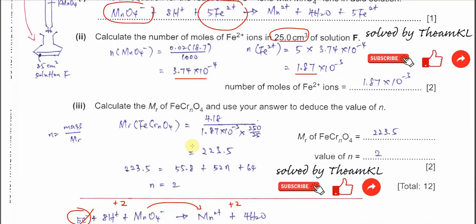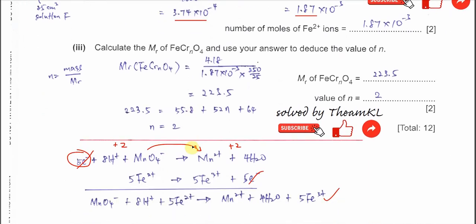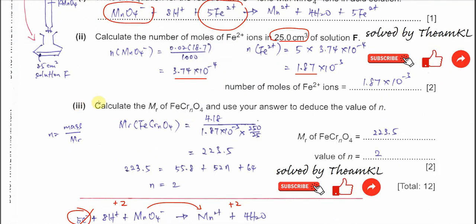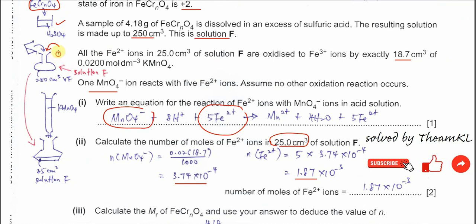Then calculate the molar mass of the sample. Use your answer to deduce the value of N. This part you have to be careful because now it asks you to calculate the total moles of the iron 2. In the titration, this is 25. In this part 3 it is total mole, meaning the total moles in the VF 250.